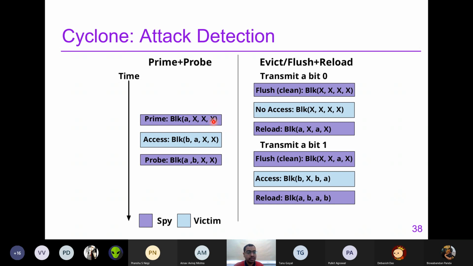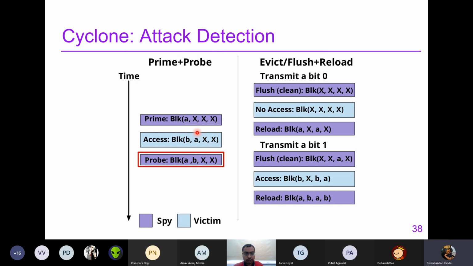A has accessed this cache line, and that is why the resource tag for this cache line has become A. Now the victim B accesses the same cache line, and now this A gets updated to B, and the past tag, instead of don't care, now becomes A, since A is the one who accessed it previously.